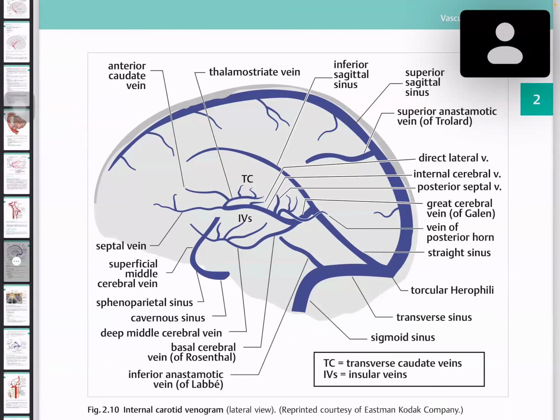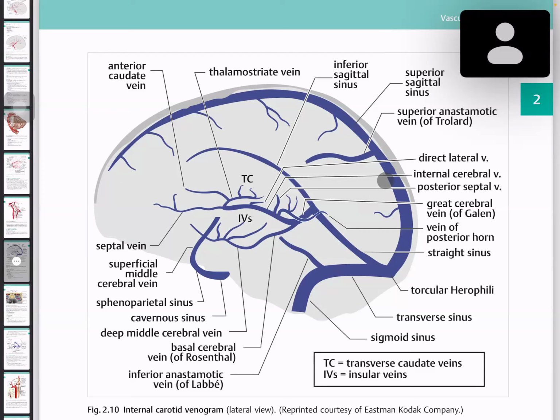Usually, the superior sagittal group is this group of veins, whether they come from the cortical aspect, that's the cortical drainage, which will drain into the superior sagittal sinus, as you can see here.